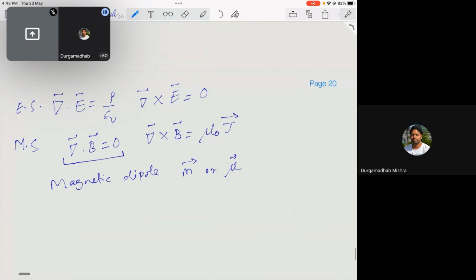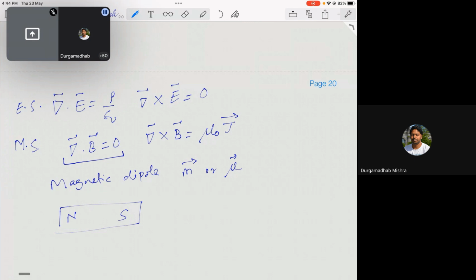What this dipole is like: if I have a north and south pole like a bar magnet, this produces a magnetic dipole, for example. This will also have a corresponding magnetic field, which you have seen quite often in school, and you are familiar with this.